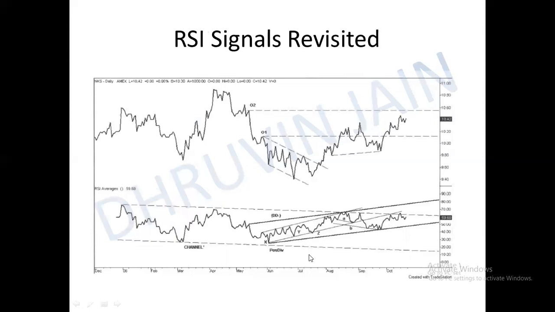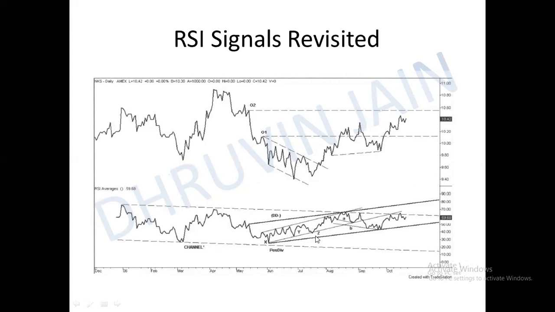So this is another example of RSI signals revisited. Here too we can beautifully see that price was making a lower high, lower low structure, and RSI started making an ascending channel to continue its downward trend.